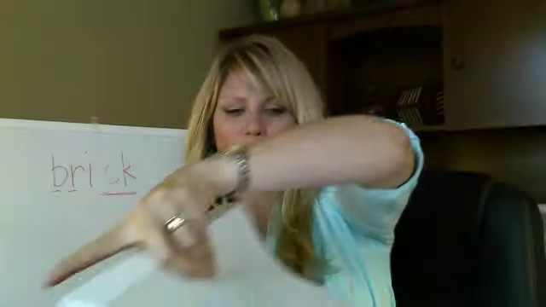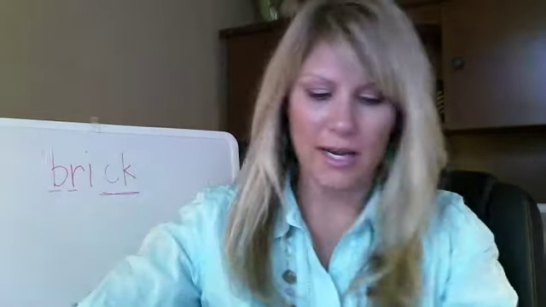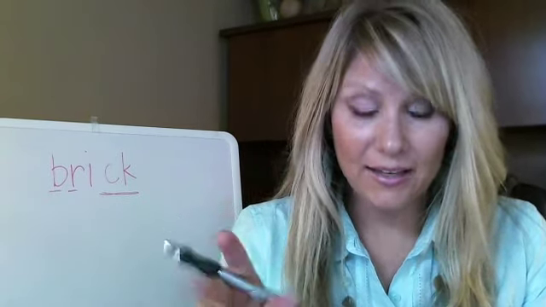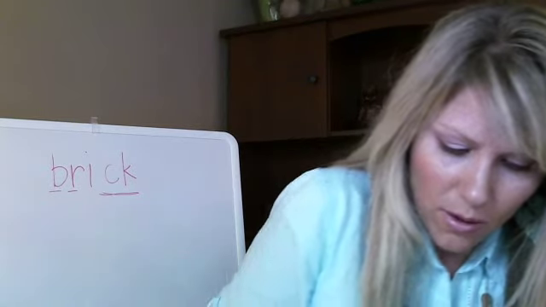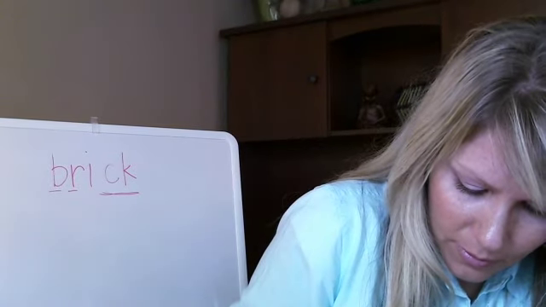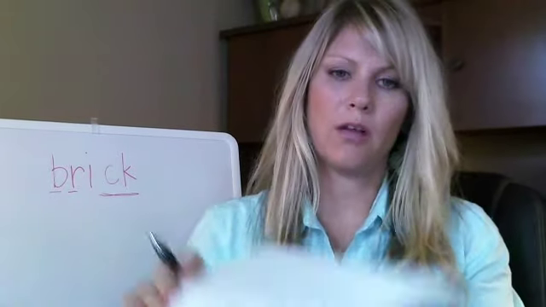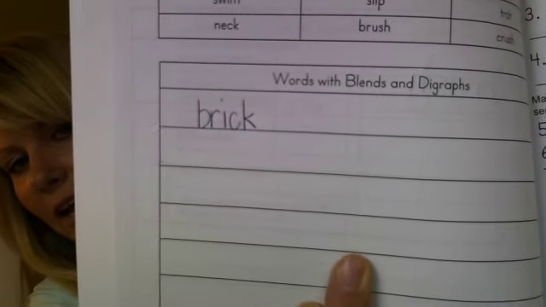We need to go through the list and write down the words that have a blend and a digraph. So I would write down brick, which is the first one on the list, and look, it does. It has a blend and then it has the digraph at the end.